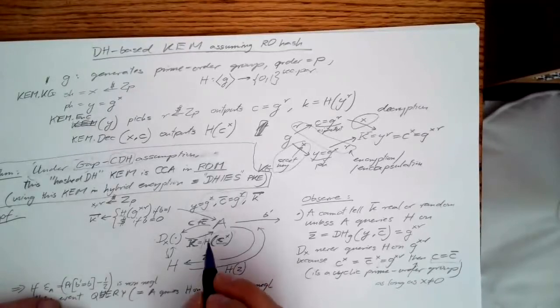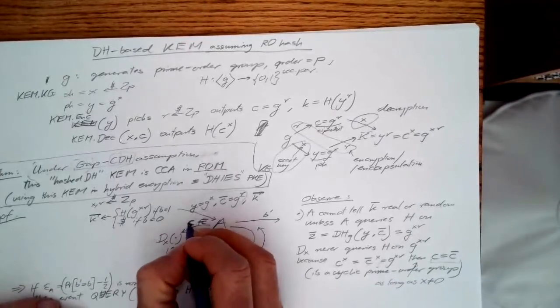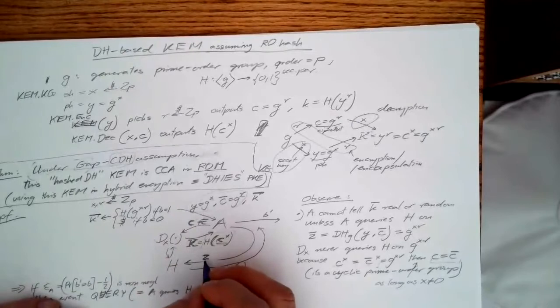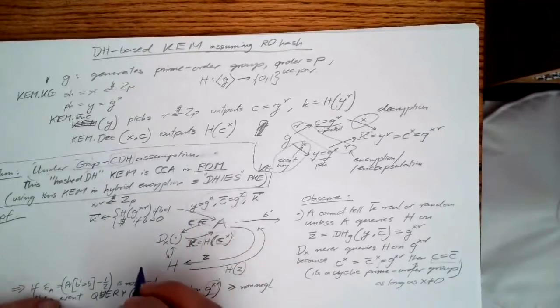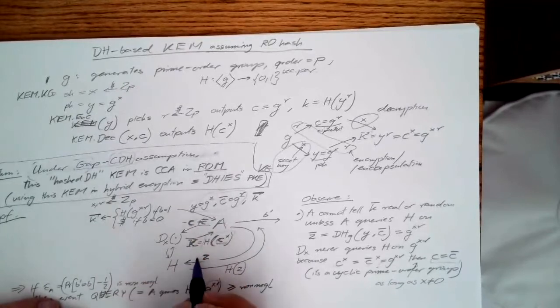But perhaps the reduction, given C and C to the X, perhaps the only thing that the reduction would have to do is to identify the proper C and Z pairs and just make sure that this hash is answered properly.